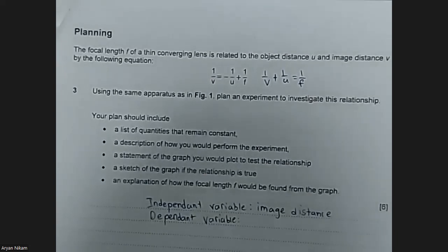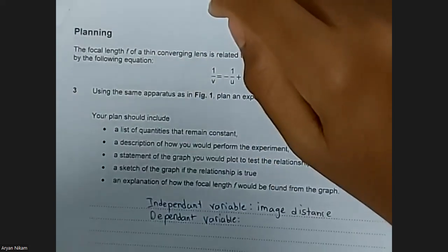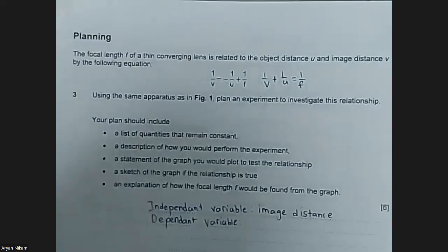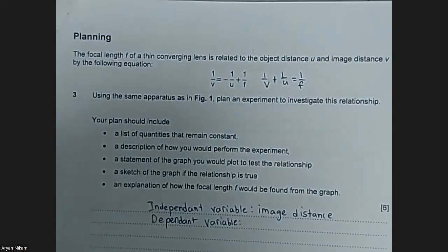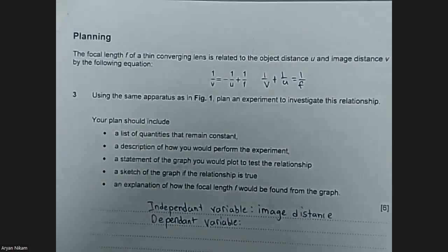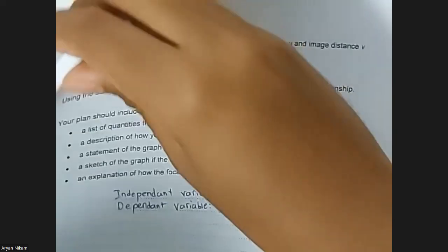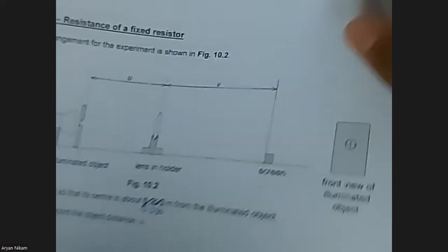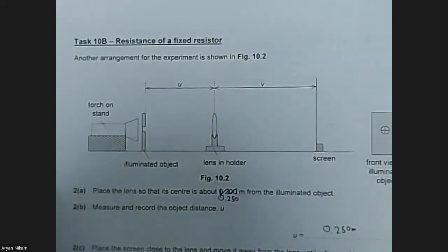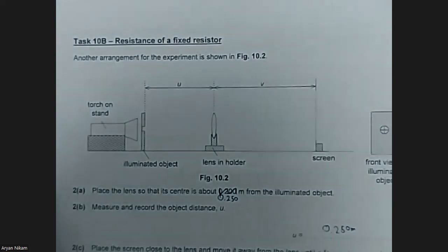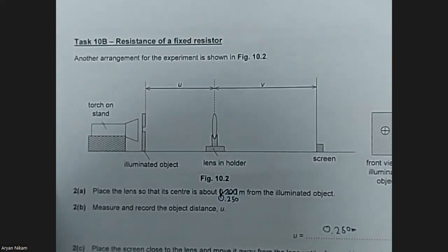That's one of the best ways to find out. You must be changing or measuring something, and then measuring something else also. What is it? Changing the image distance. The which distance, sorry? Image distance.